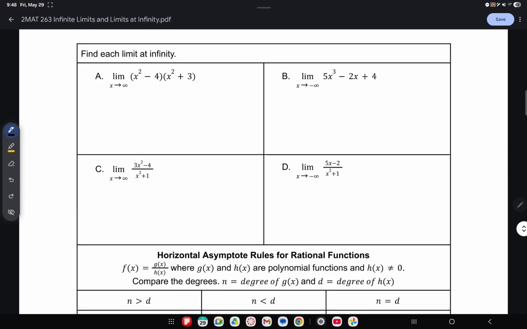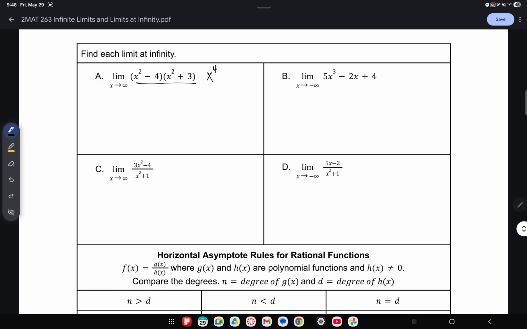So with limits, we can do a direct substitution, right? But I don't really like doing that with the infinities. When I'm going off to the infinities, I'm thinking horizontal asymptotes. So this function right here, if I were to multiply it all out, is going to give me some form of an x to the 4th polynomial.